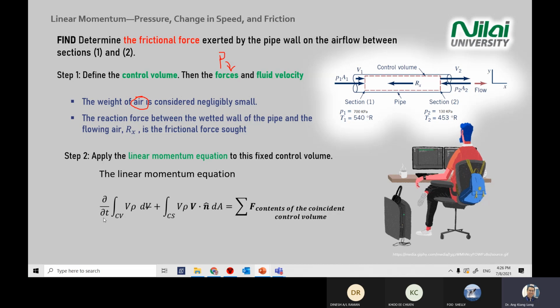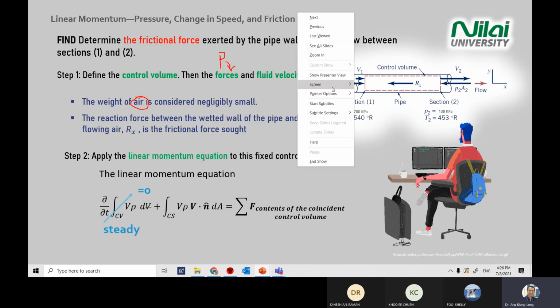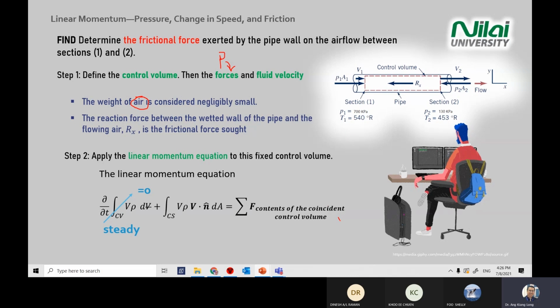And the first term will come with the delta t. If you write this equation in your answer sheet, you'll get 1 mark for it, telling me that you understand what the linear momentum equation is. The next point you can score is that the question already tells you that you have a steady flow, so you draw an arrow, put a 0 equals 0, and write "steady".